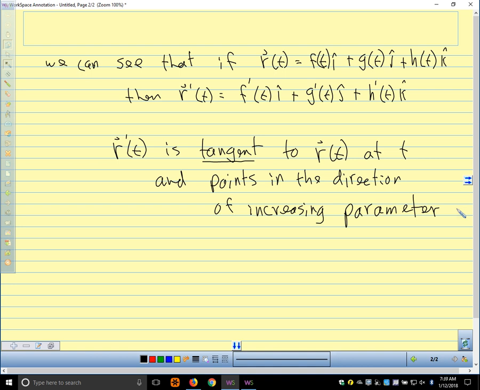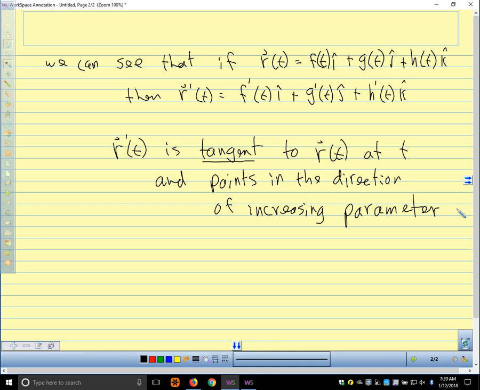The velocity. If we think of r of t describing the path of something moving, r prime of t is going to be the velocity, the rate of change of its position with respect to time. We could take another derivative and get the acceleration, if we think of this as an object moving along, and time is our parameter.